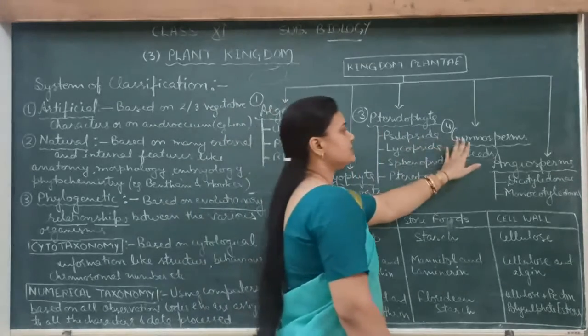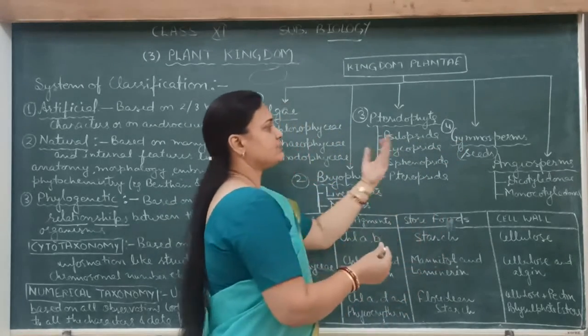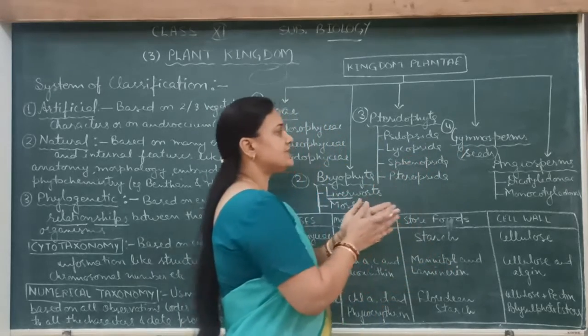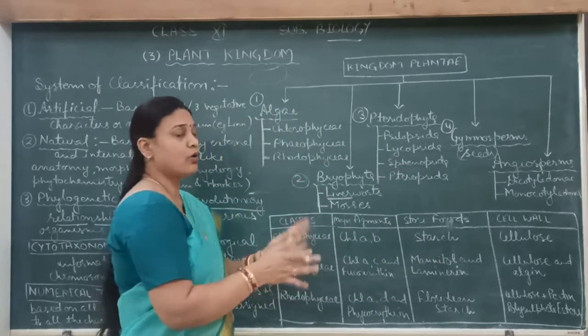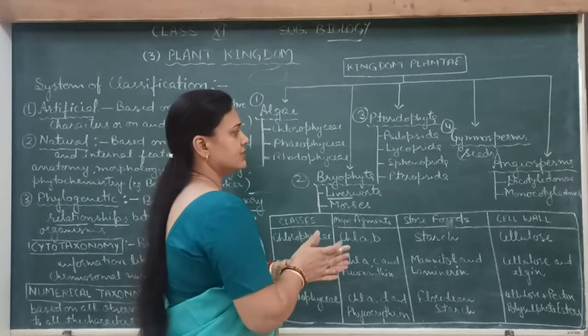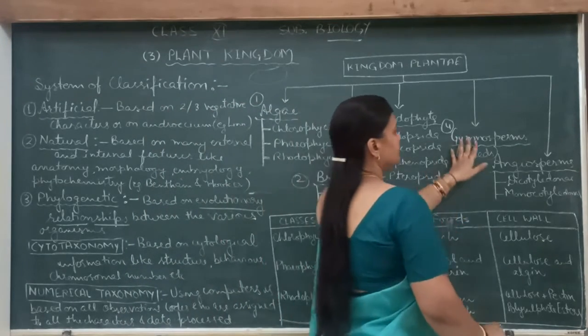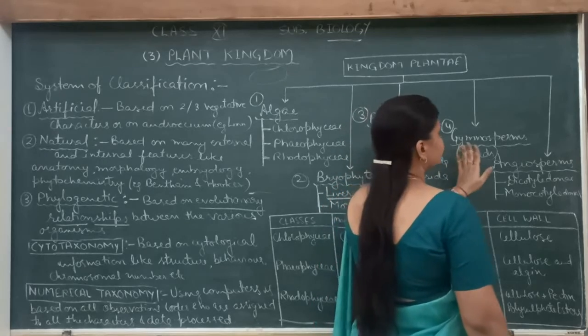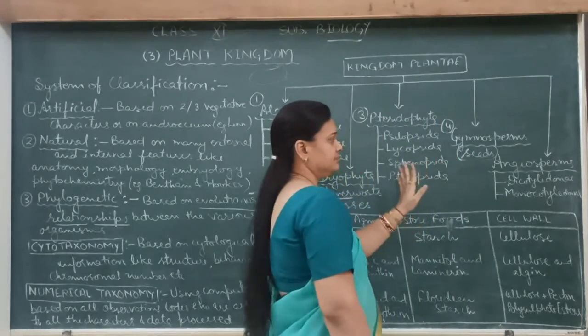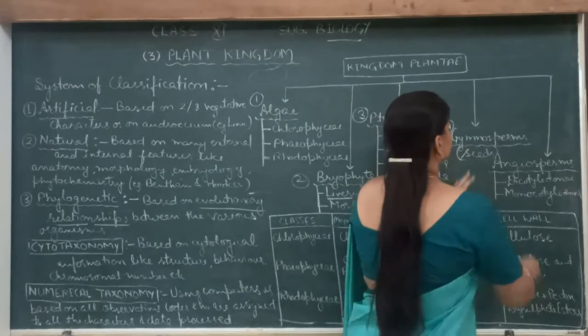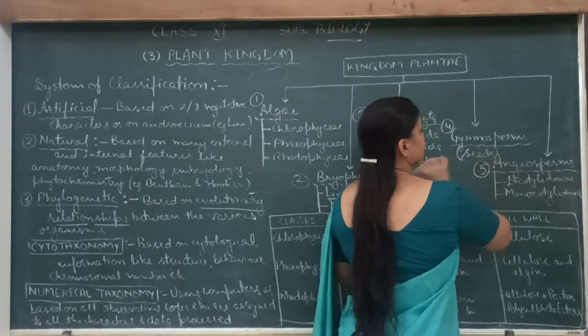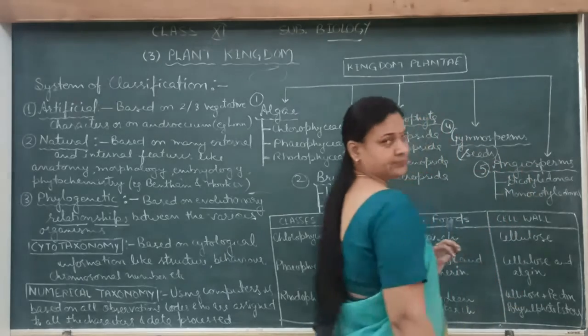Gymno means naked and sperm means seed. So their seeds are not enclosed in the ovaries or fruits; these seeds appear naked. These are the gymnosperms. The tallest gymnosperm is Sequoia.